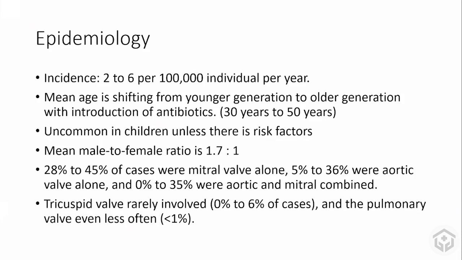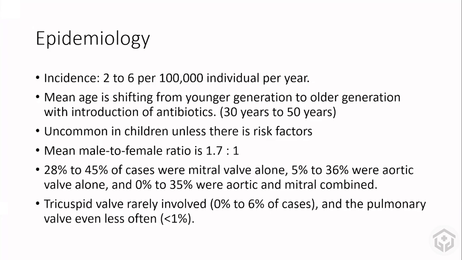Likewise, regarding age, in the early pre-antibiotic era, when chronic rheumatic valve disease was prevalent in the world, the age was usually less than 30 years. But with the advent of antibiotics this has gradually increased, and now the mean age is around 57.9 years.